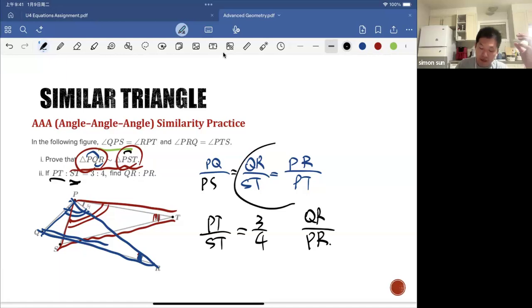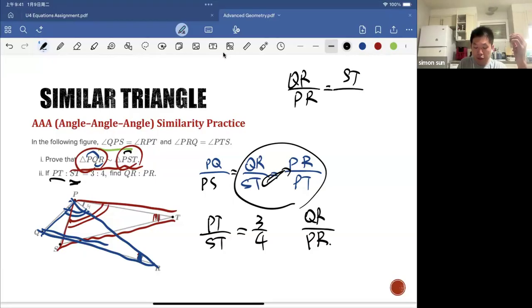Okay, now take a look at this one. The only difference is you can just switch the positions of those two. So QR over PR will be equal to ST over PT. QR over PR is what we need to calculate.